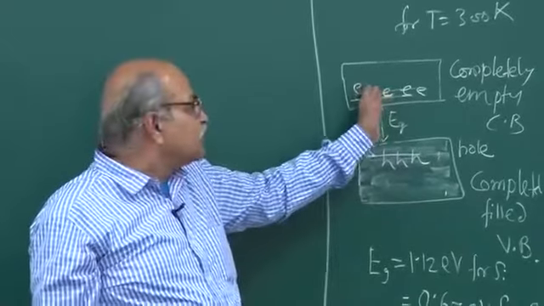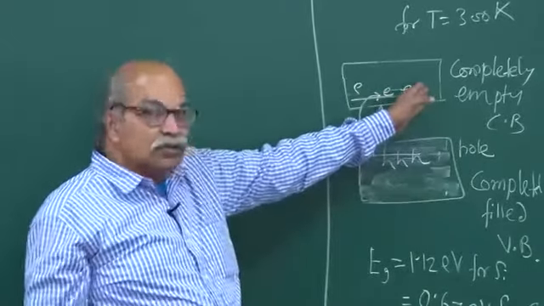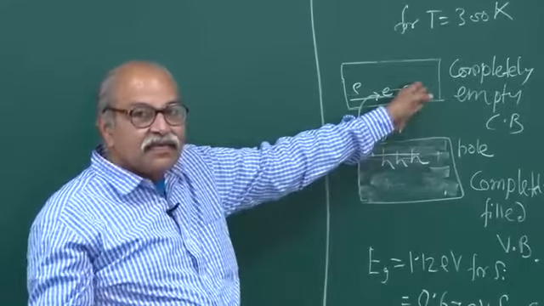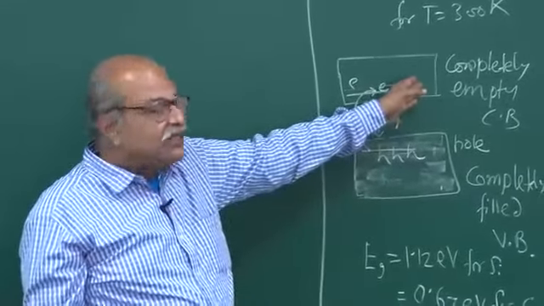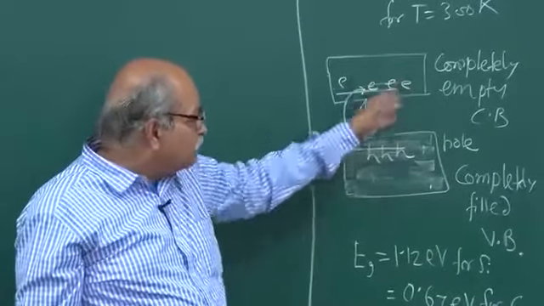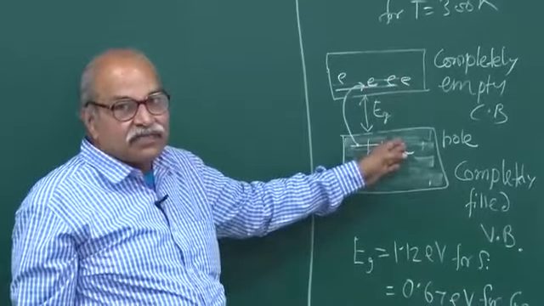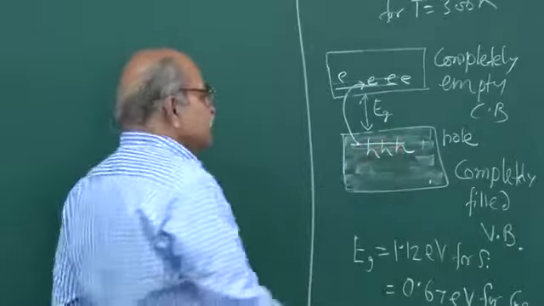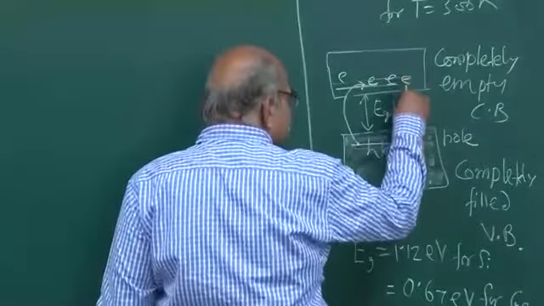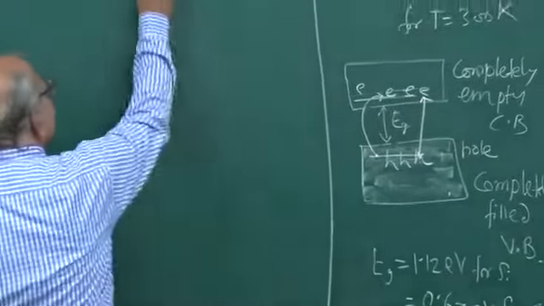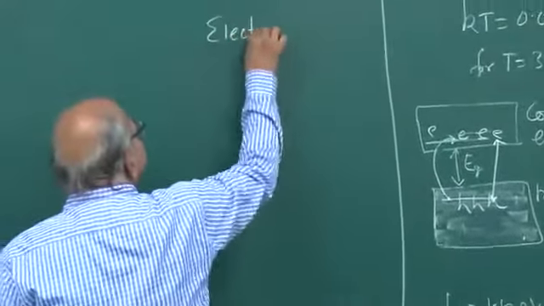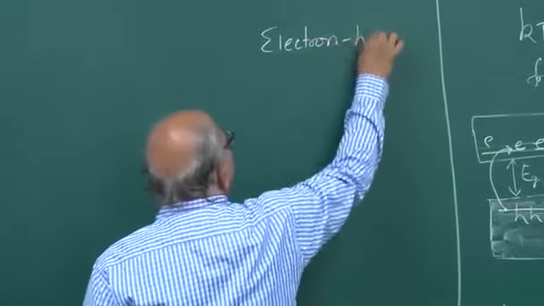The electron which is already here, through thermal interactions, can give energy, reduce its own energy, and then fall into an empty quantum state, and in that case you will have electron hole recombination.